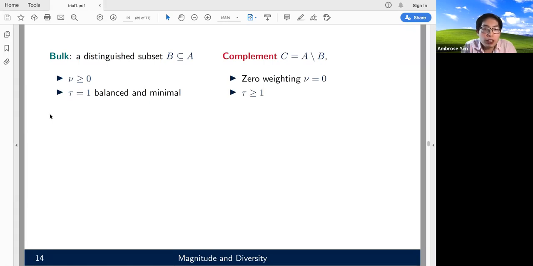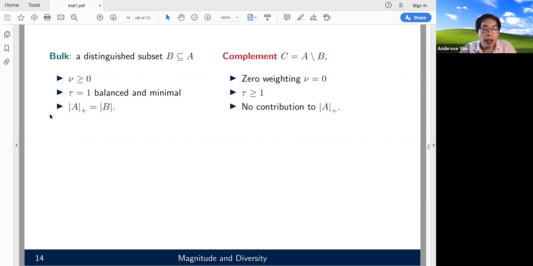And on the bulk, the typicality is balanced, and that typicality is minimal. However, away from the bulk, on the complement, the typicality is bigger than 1. So we get a sense here of how articles in the bulk compare with articles in the complement. Things in the complement are somewhat more typical, and things in the bulk are somewhat less typical.